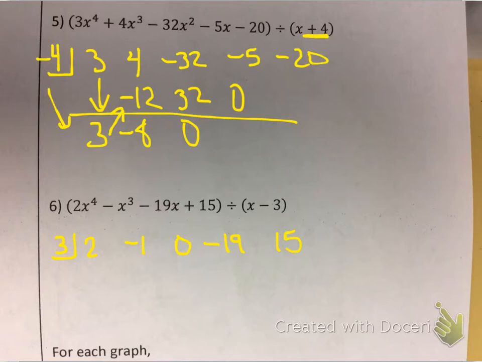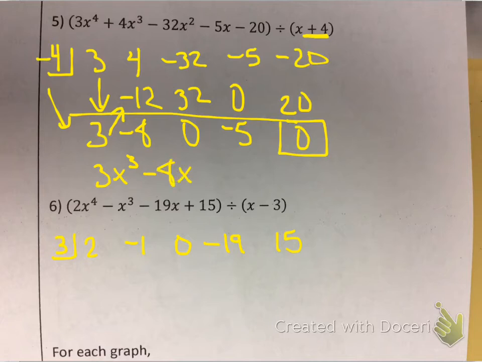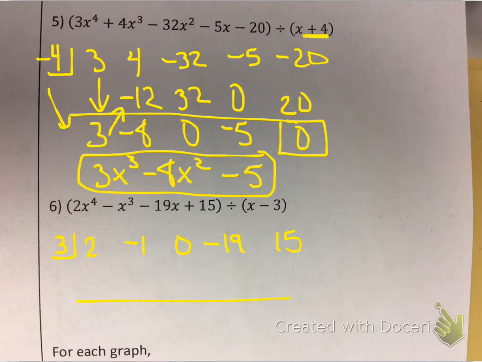Negative 5 plus 0 is negative 5, and negative 4 times negative 5 is positive 20, which means I have a remainder of 0. So I could write that answer as 3x cubed, because my answer was x to the fourth, it's always going to be 1 less. So 3x cubed, notice x4, x3, minus 8x squared. I could put plus 0x, or I don't necessarily have to.